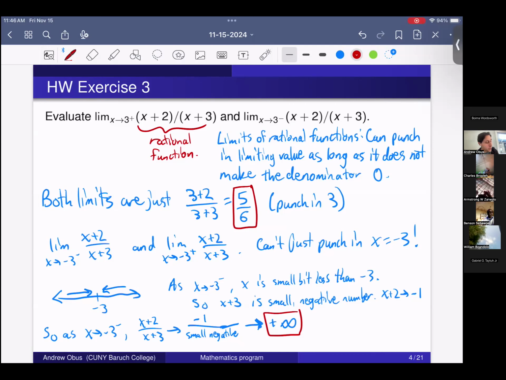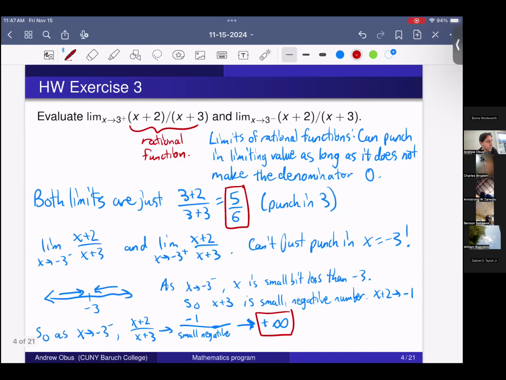But before we do the other side, questions about x approaching -3 from the left. Okay, let's do the other side.